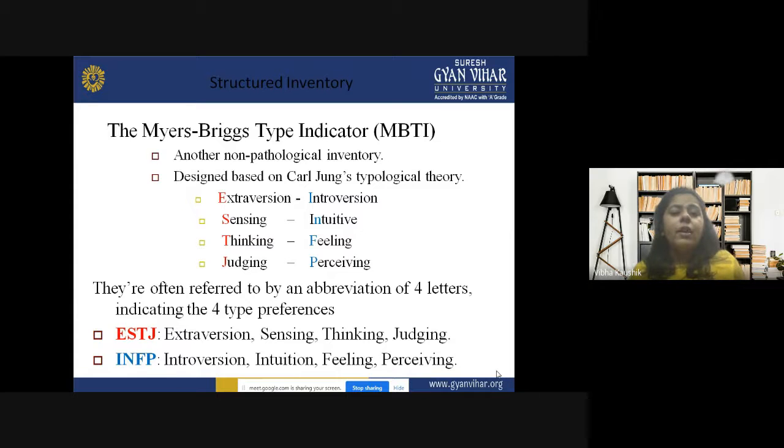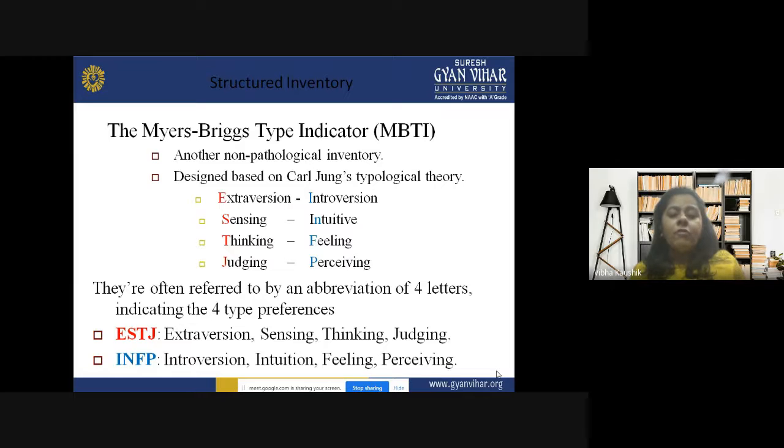Structured inventory: the Myers-Briggs Type Indicator, MBTI. Another non-pathological inventory designed based on Carl Jung's typological theory: extroversion, introversion, sensing, intuitive, thinking, feeling, judging, perceiving.